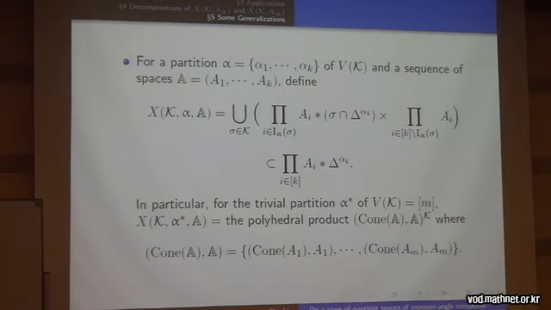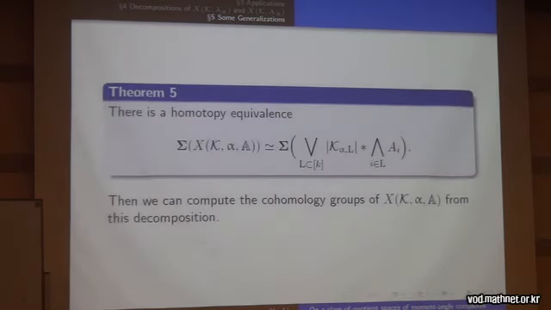That one has an identifiable splitting, and similarly, there's a homotopy equivalence between the suspension of this and this one. So we can compute the cohomology groups of this from this decomposition as well.